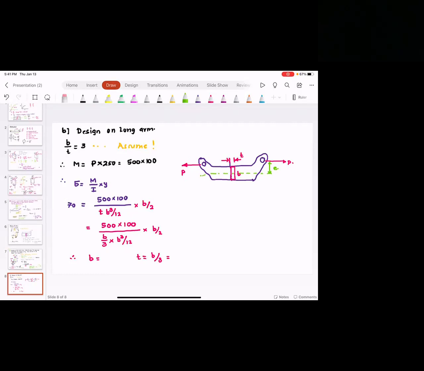Now to solve this problem, what you'll have to do is sigma, the total stress, is equal to P direct, or P divided by A, plus M divided by I multiplied by Y. So you are going to have sigma direct plus sigma bending.